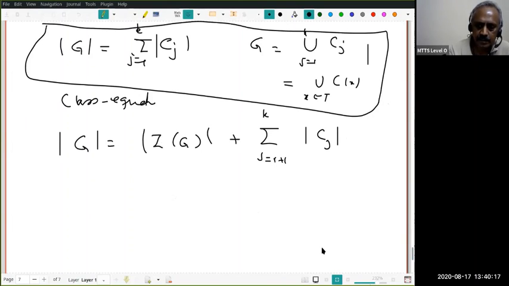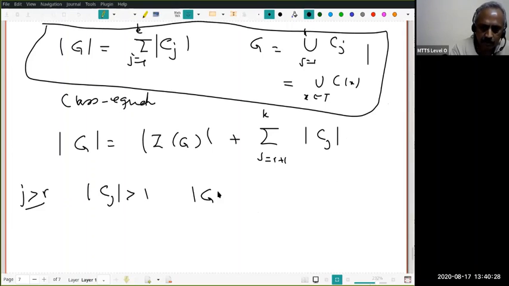Right? Now let's go through. Now for j greater than r, the modulus of Cj is greater than 1. And I also have, let me call the stabilizer, start with xj in Cj, and let's look at the stabilizer of xj, call it Hj.